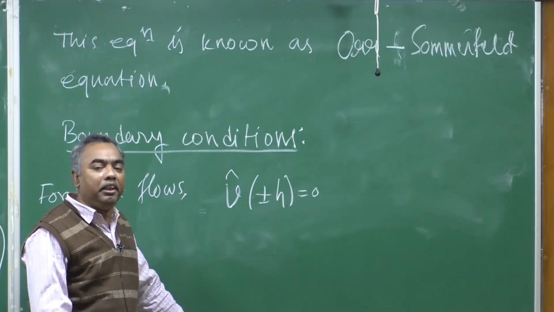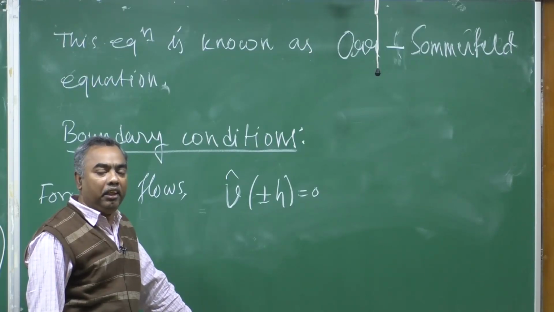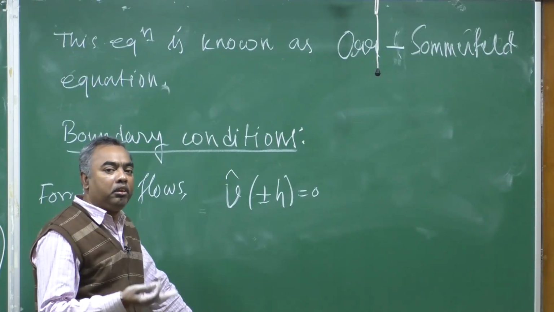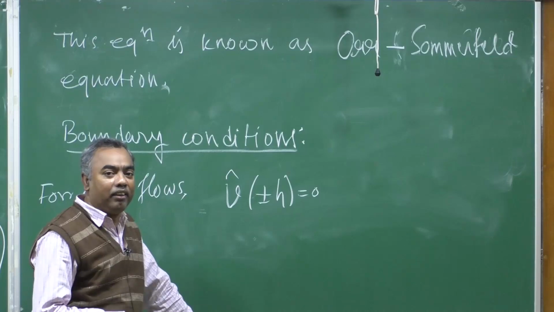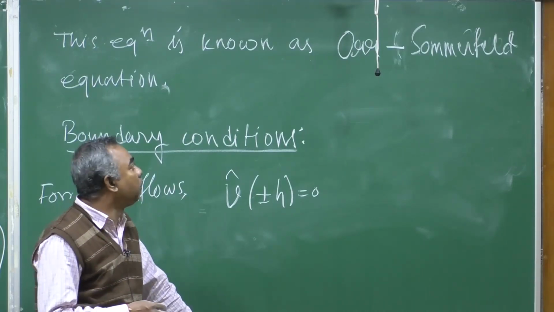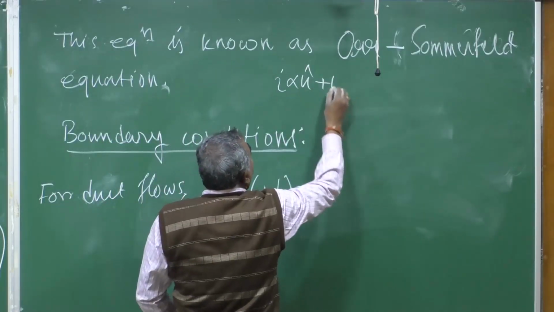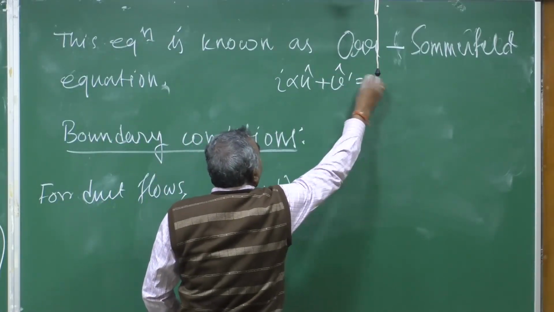Okay. Similarly, if v hat at both walls is 0, then the streamwise disturbance u hat should also be 0. If u hat is 0, from the continuity equation what we know? We know that i alpha u hat plus v hat prime is equal to 0.